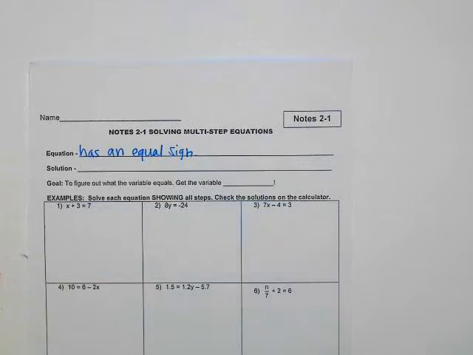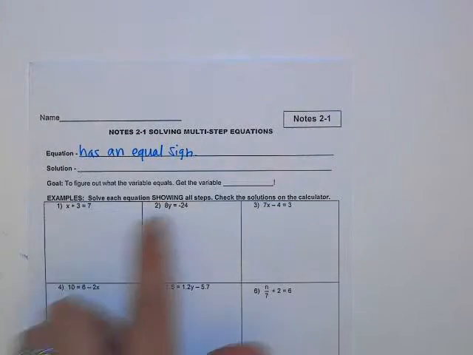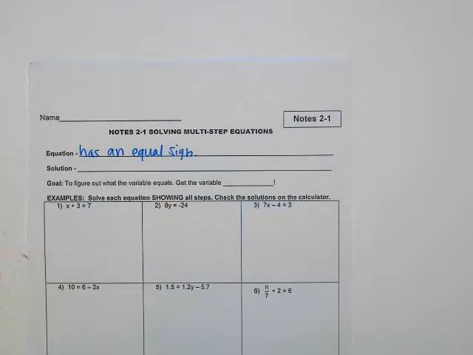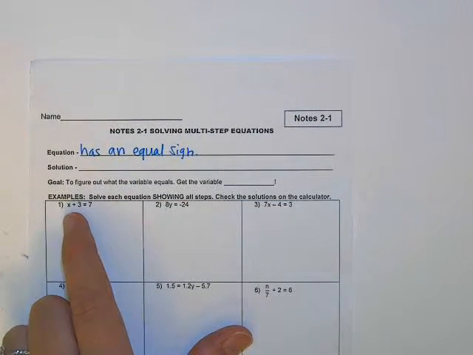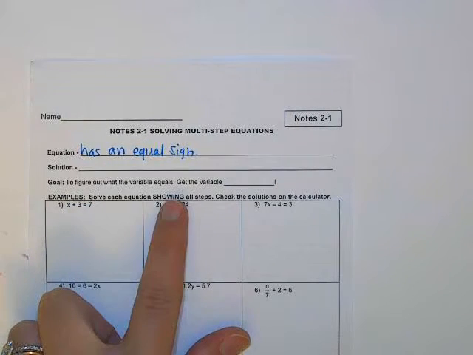Okay, that's what we just finished doing, were expressions. Problems that looked like this but did not have an equal sign. And if it doesn't have an equal sign, what do we do with those problems? We simplify. Good. Okay. We distribute and we combine like terms. We simplify expressions. Today we're talking about equations with an equal sign.